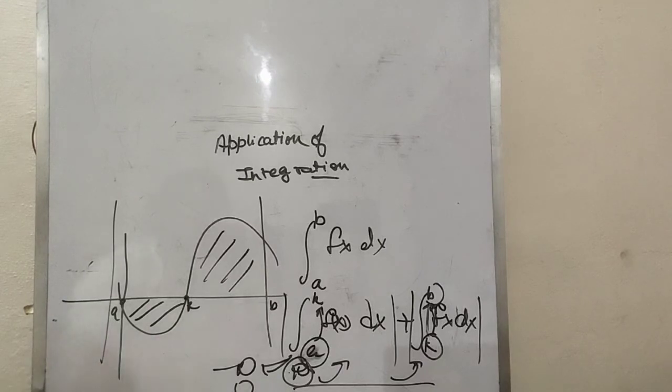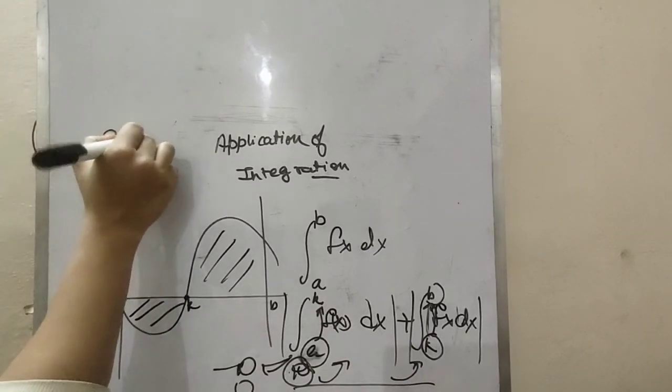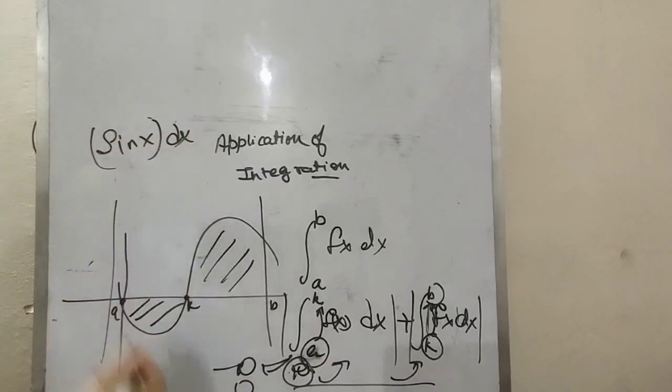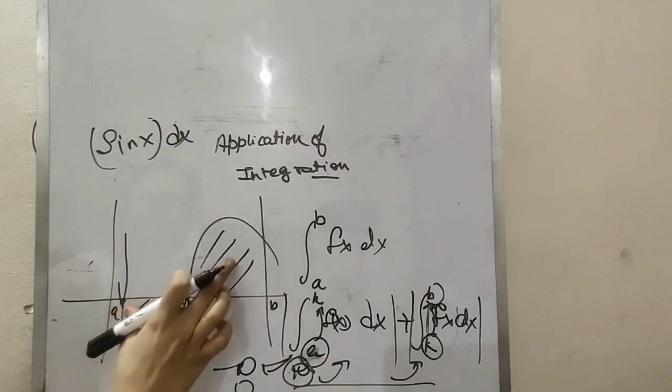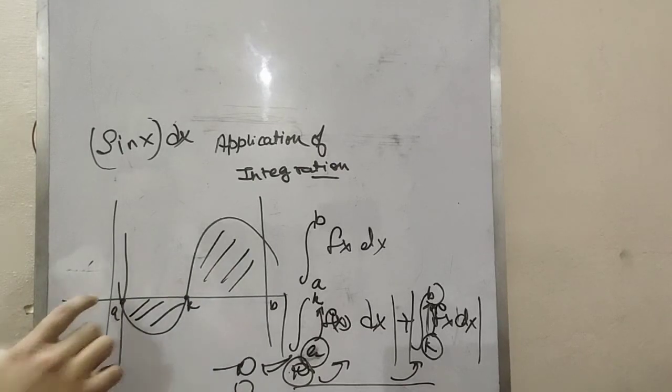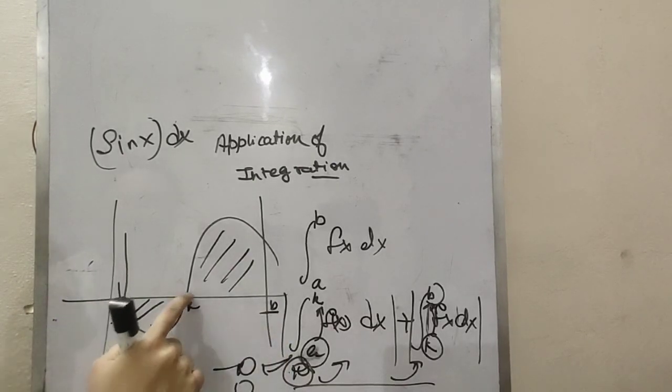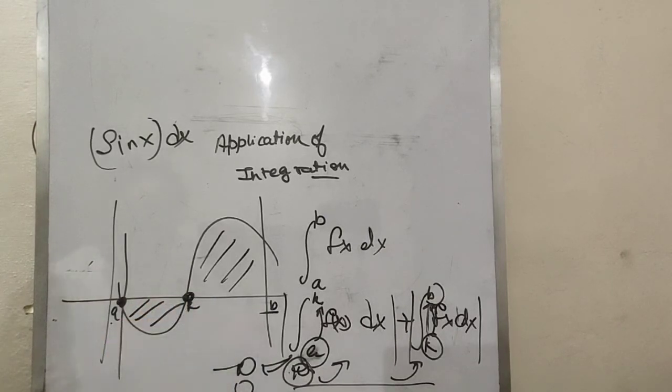Okay, so such types of easy questions are not asked. You will have to integrate them. Okay, like I just told you with the sine function, right? If I'm given that sin x is my function and I have to find the area bounded by the curve, I will require the a value, I'll require the b value, and I'll require the point where it's intersecting the axis.